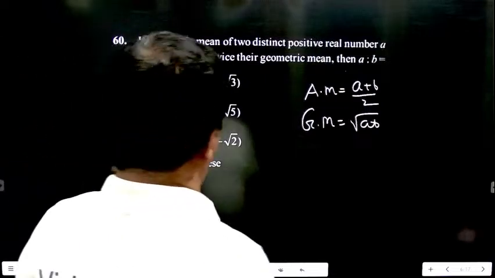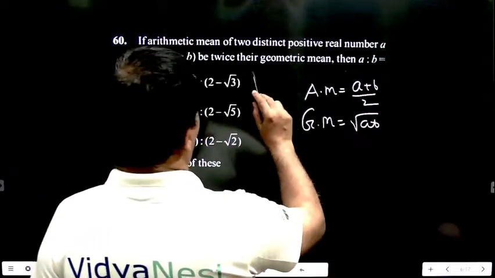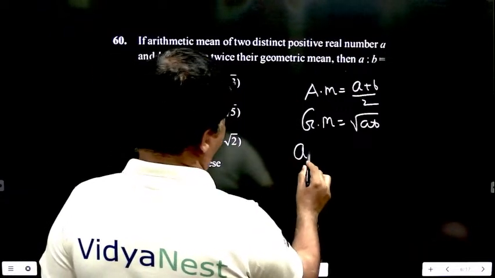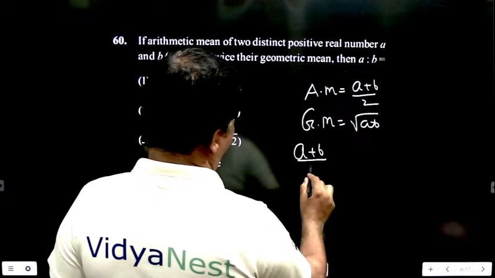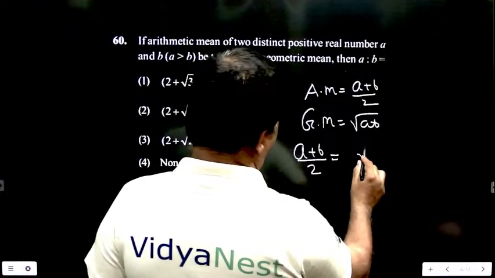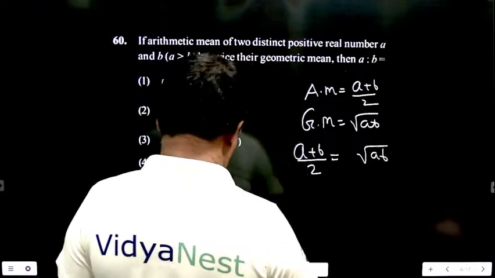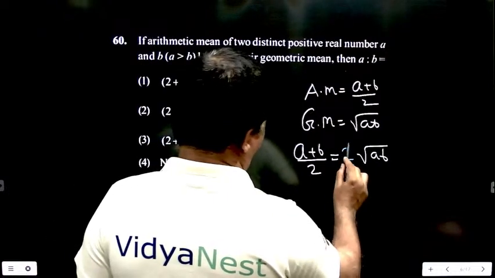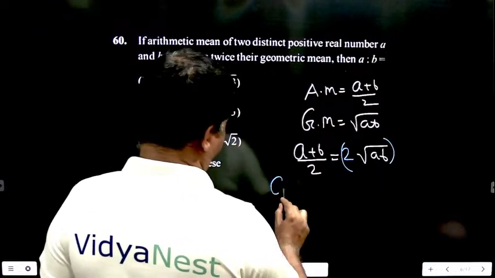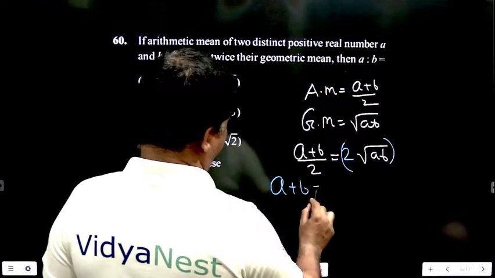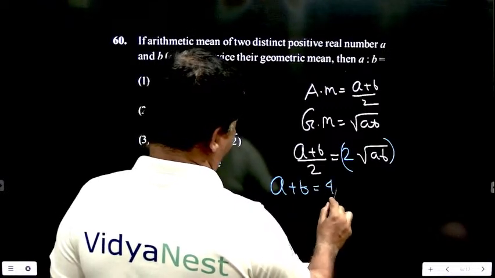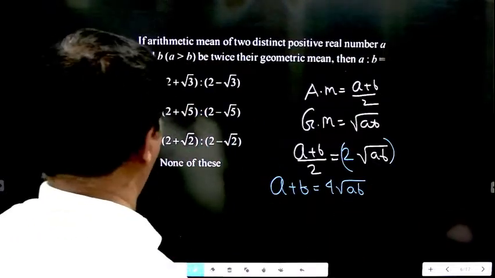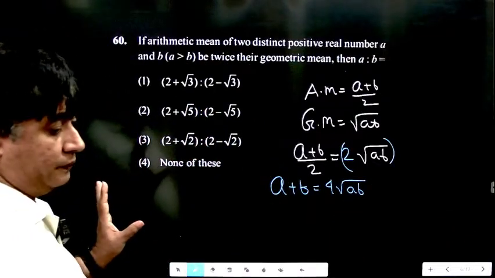Now, according to the question, the arithmetic mean is twice the geometric mean. This much we have got.